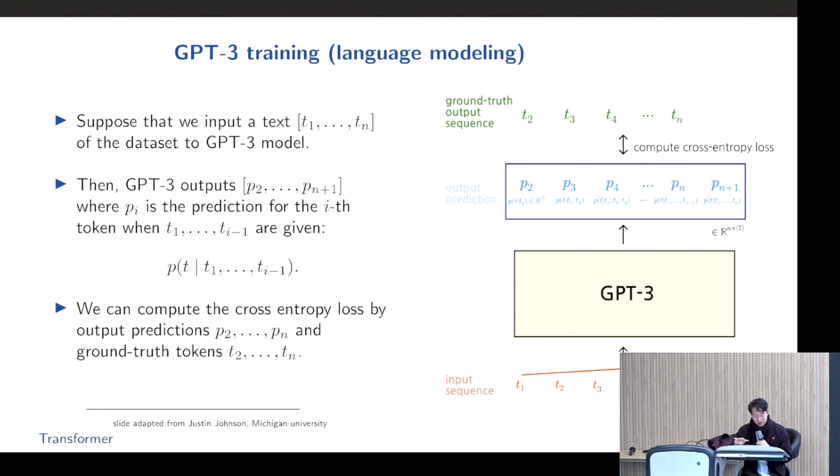So suppose we input some text and we have a model, and it outputs the probability of the second token, the probability of the next token, etc. And P_i stands for the prediction of the ith token when the previous tokens are given. So it's a conditional probability of the next token given all the past. That's what these are.